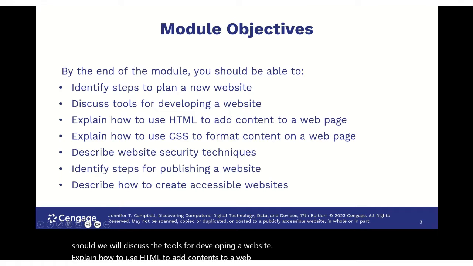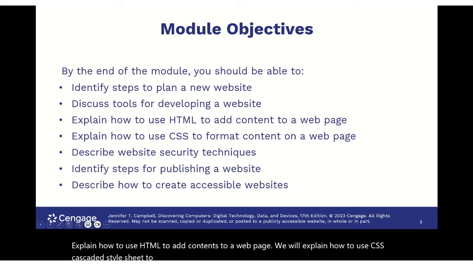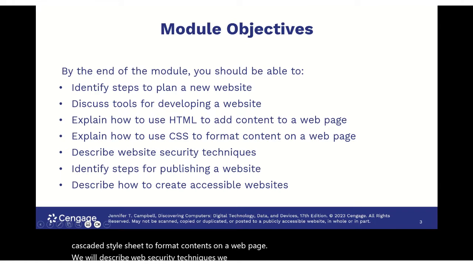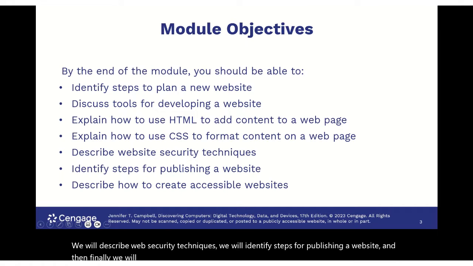We will explain how to use CSS, cascading style sheets, to format content on a web page. We will describe web security techniques, identify steps for publishing a website, and then finally describe how to create an accessible website.